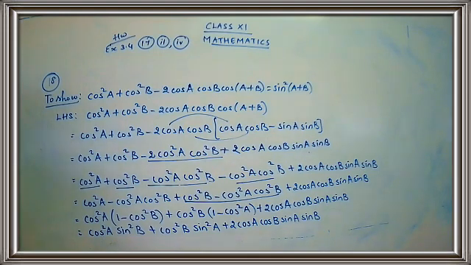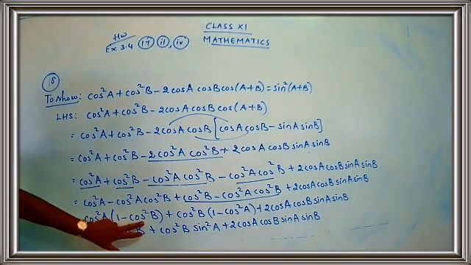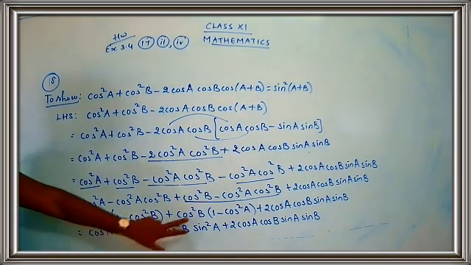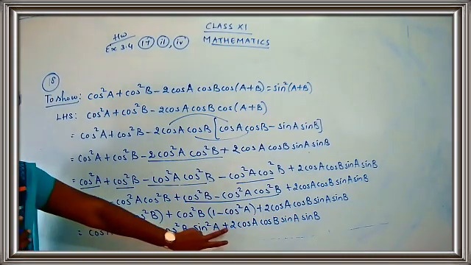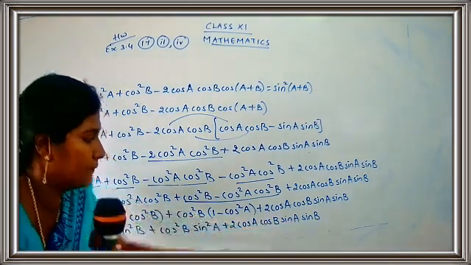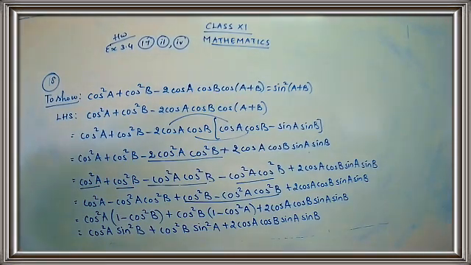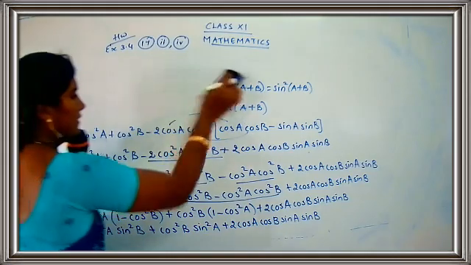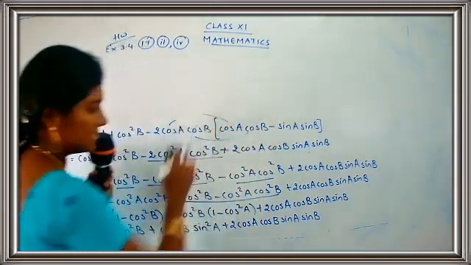Clear with this step? Cos square A, 1 minus cos square B is sin square B, plus cos square B, sin square A, plus 2 cos A cos B sin A sin B. Clear, children? Okay. I'll just continue the steps over here because these are lengthy steps.